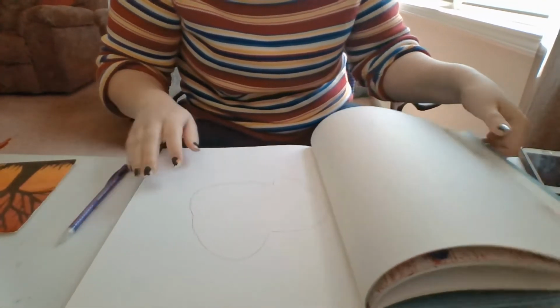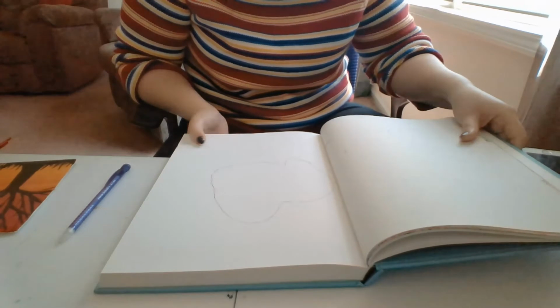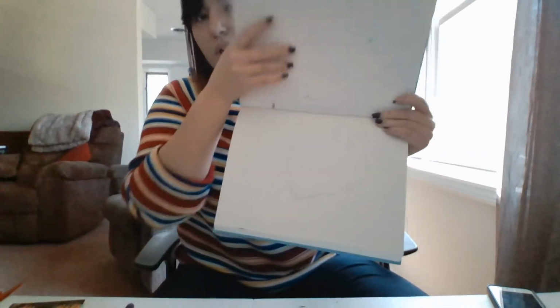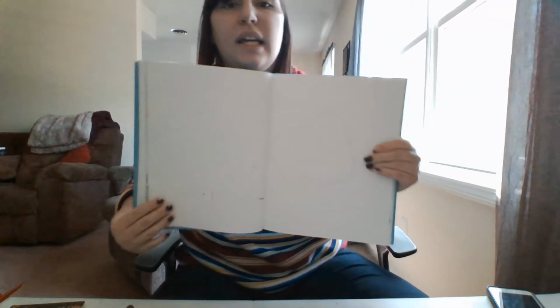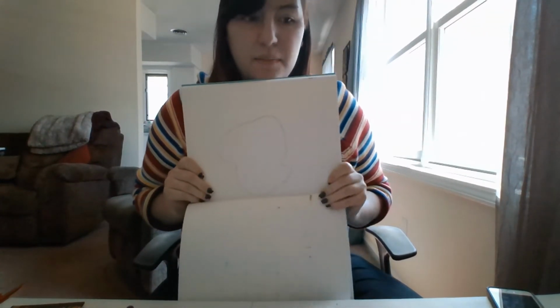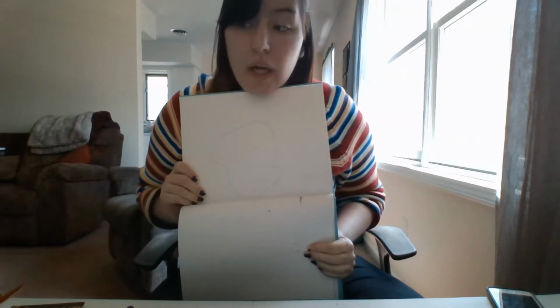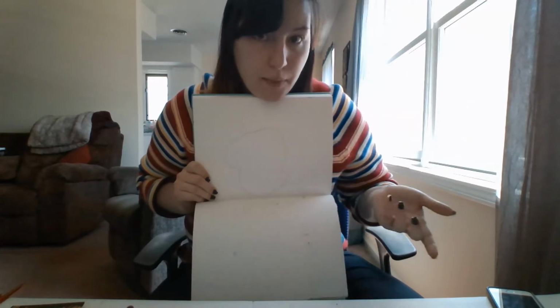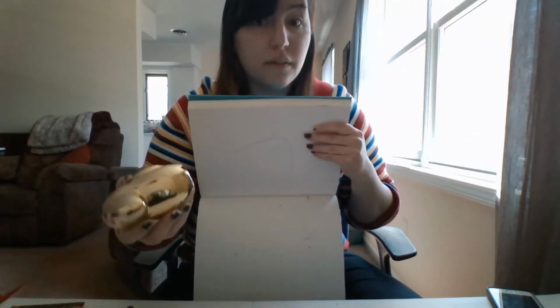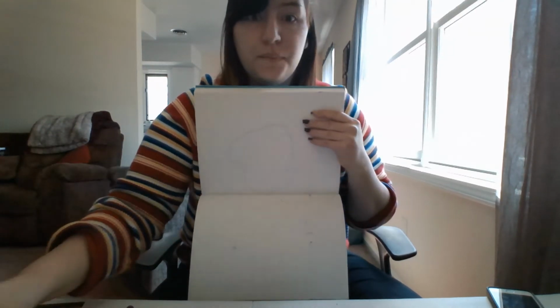Just like with the scribble challenge, you can turn your paper in different ways to see what you can make out of this object. And if you don't like it, you can always flip the paper over and do a different shadow with a different direction of the light or a different object.